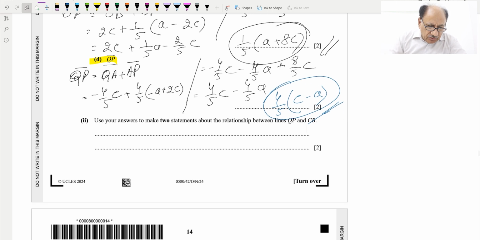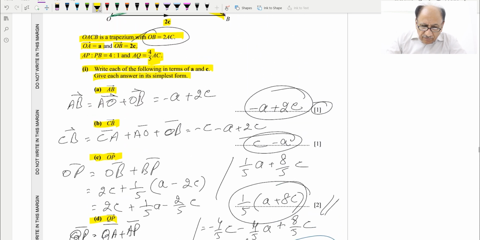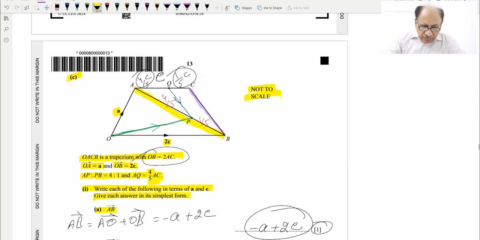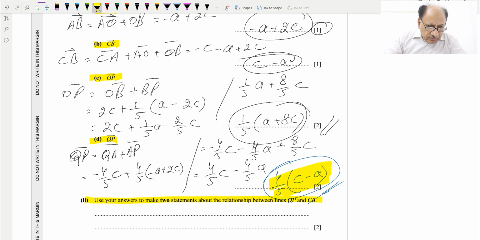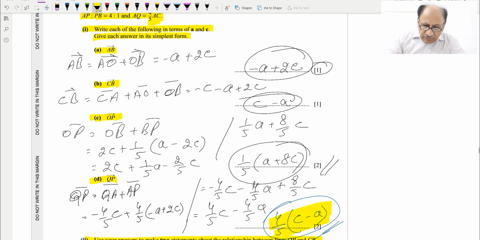Then they are saying use your answer to make 2 statements about the relationship between lines QP and CB. So QP is where? QP we just found, which is this one. I will just use another color. Okay, QP is this one, and the other one is CB.